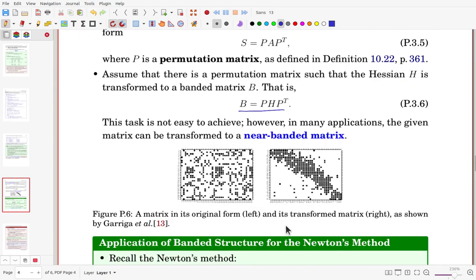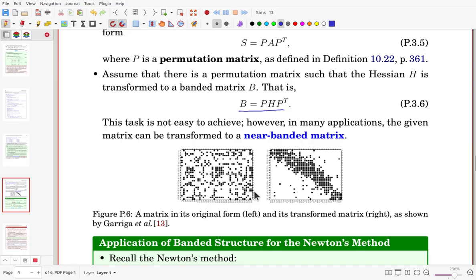This one is copied from these people. Originally, the matrix has these non-zero entries like this. So it's sparse. However, almost every non-zero appears.